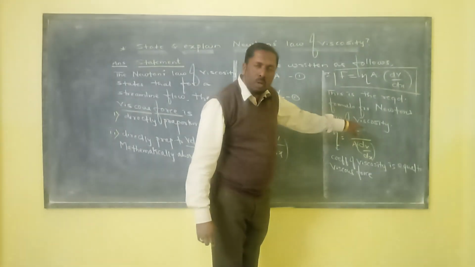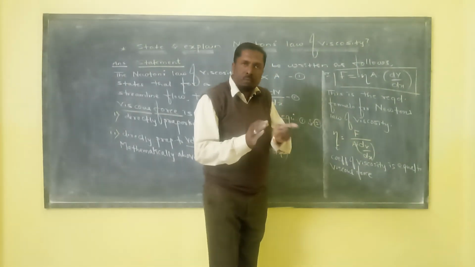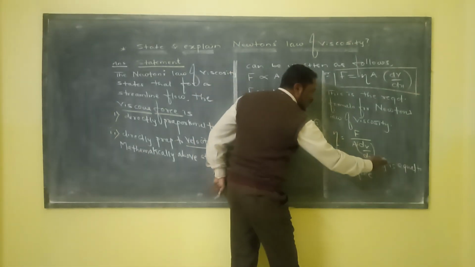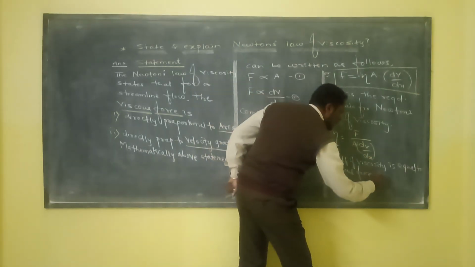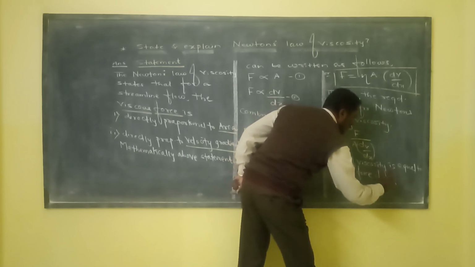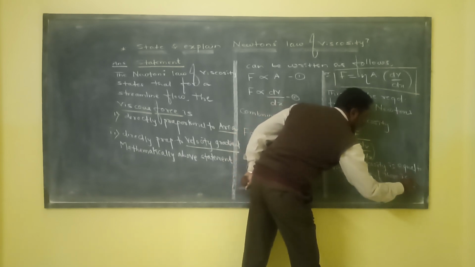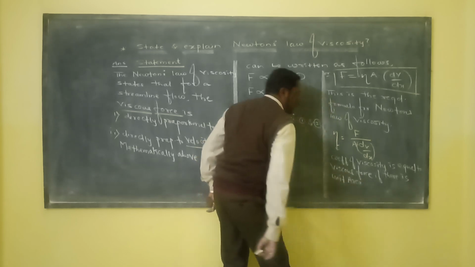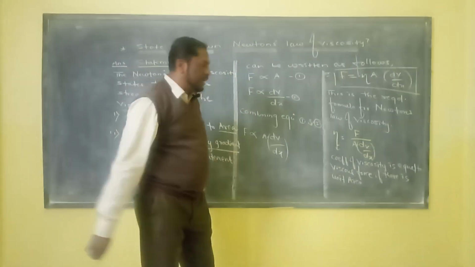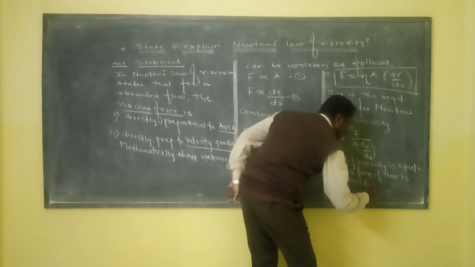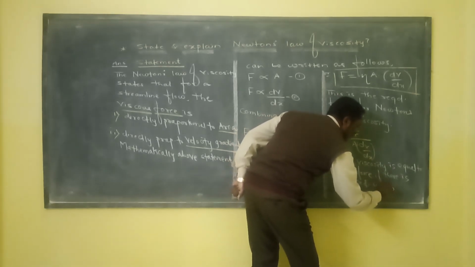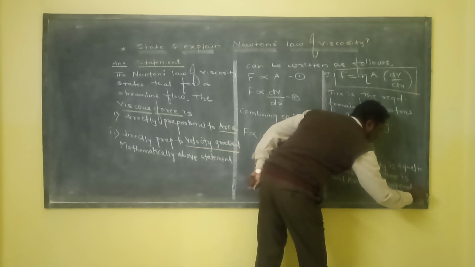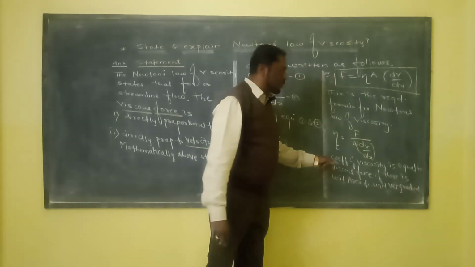Eta is equal to F. When will eta become equal to F? If there is unit area of cross section and unit velocity gradient, then the coefficient of viscosity is equal to the viscous force.